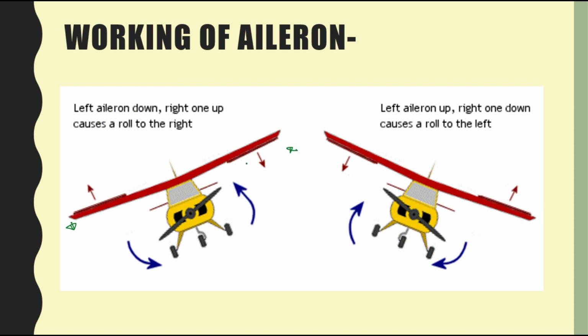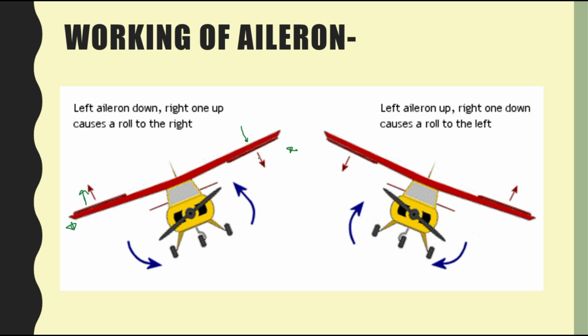The one which moves downwards and the one which moves upwards. So basically, let's suppose one aileron moves downward. This is the one that is going to move down, and this is the one that is going to move up.